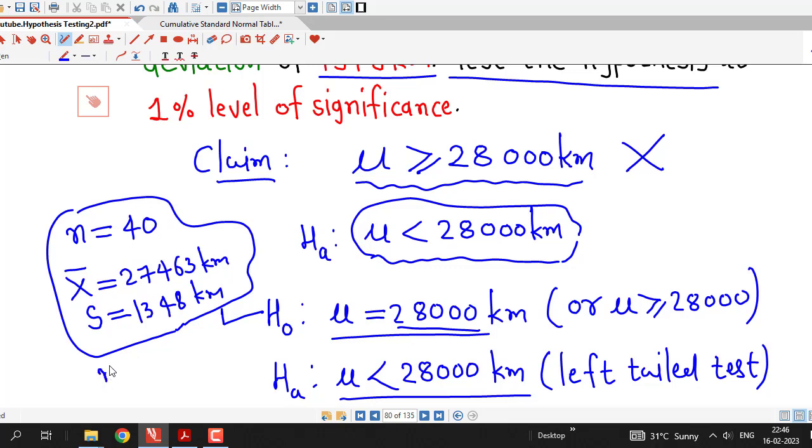Here sample size is 40 and it is greater than 30, therefore we can apply the large sample population mean test, or hypothesis test for large sample, is possible here.